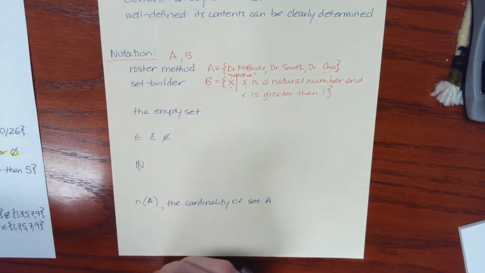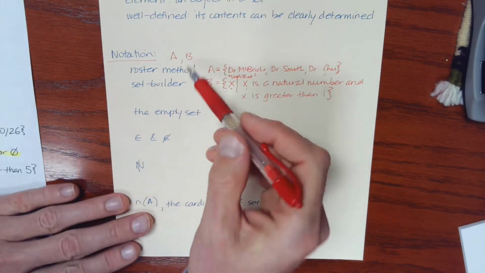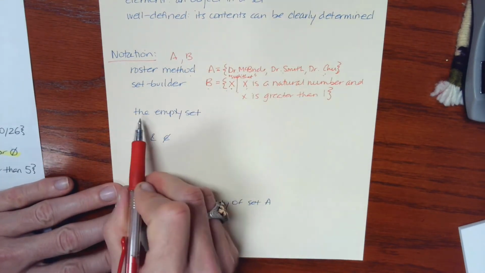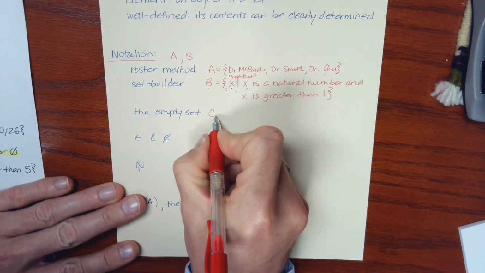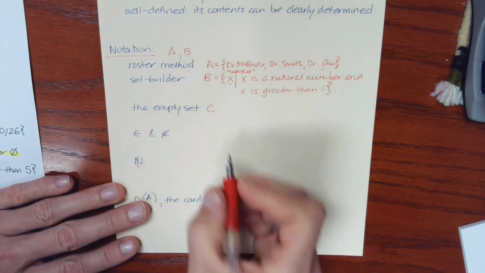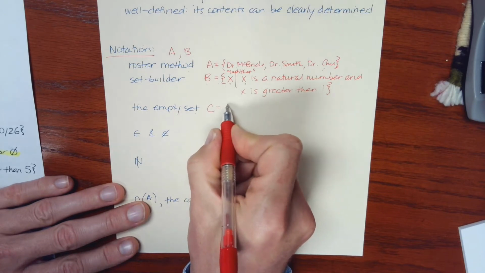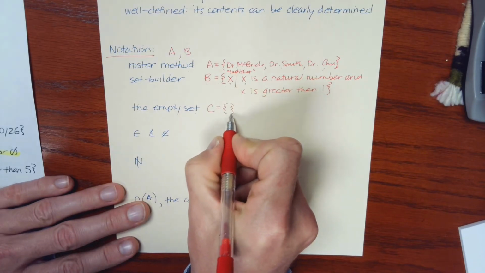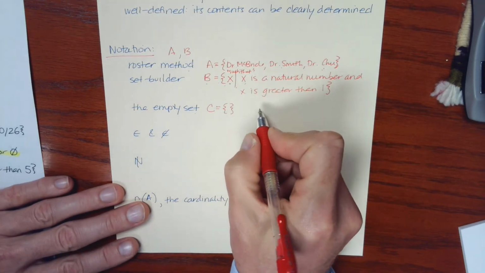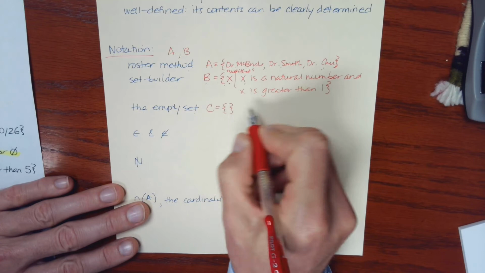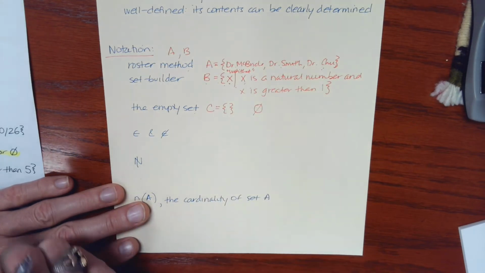All right. So another set that we'll need to define is the empty set. I'm going to call this C, and we'll say that C is the empty set. One way to do this is to just not put anything in our brackets. But another common symbol that we'll use for the empty set looks like a 0 with a line through it.